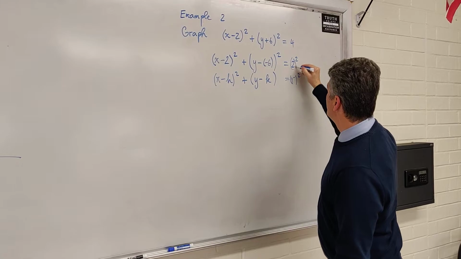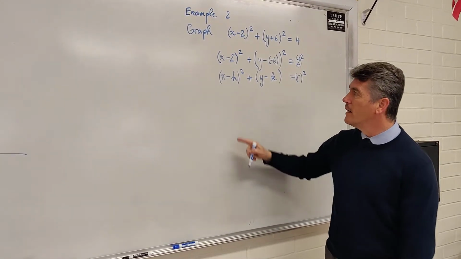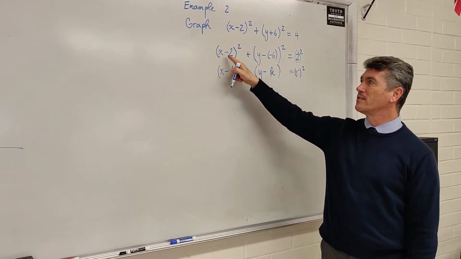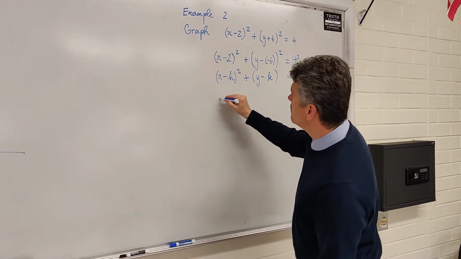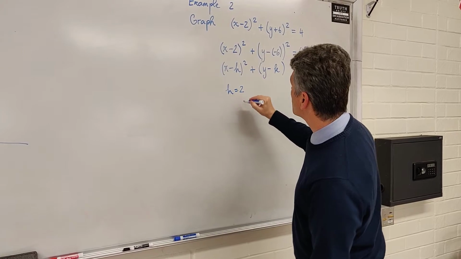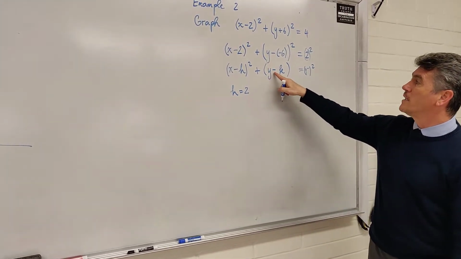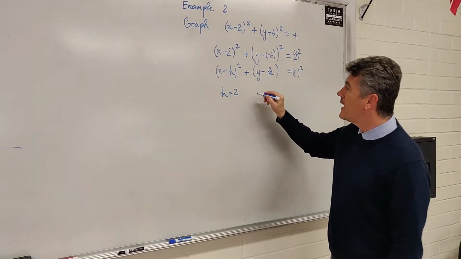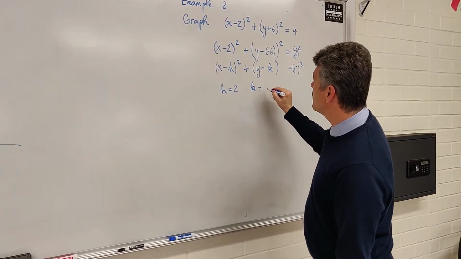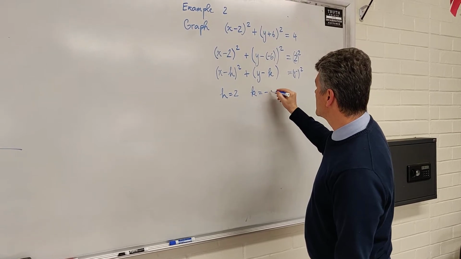So let's see. If we look very carefully, the x matches with the x, the minus with the minus, and the h with the 2. Conclusion, h must be equal to 2. Y matches with the y, minus with a minus, k with a negative 6. So k must be equal to −6.